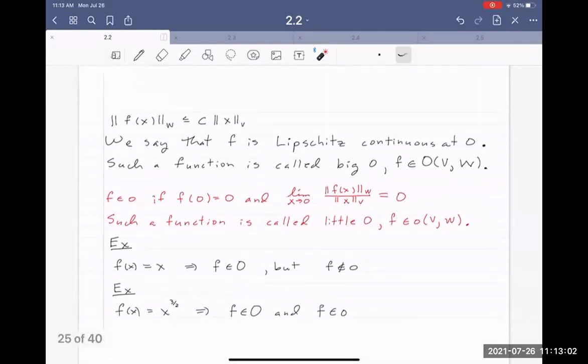If you look here, the norm of x to the 3/2 divided by x. Well, if you divide x to the 3/2 by x, you get x to the 1/2. So as x goes to 0, x to the 1/2 still goes to 0. And so it's a little o. And certainly if it's little o, you can make this bound. So it's also big O. So it's both big O and little o.